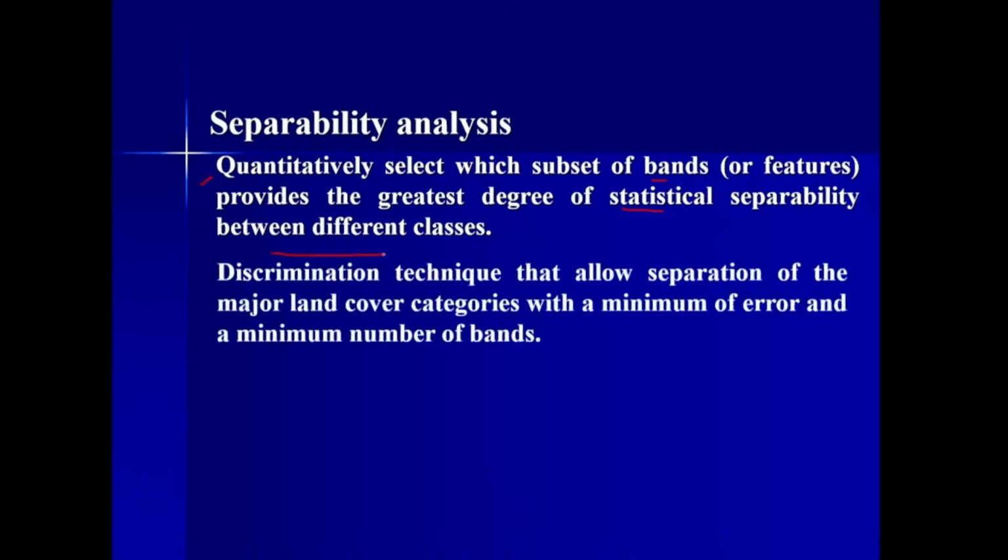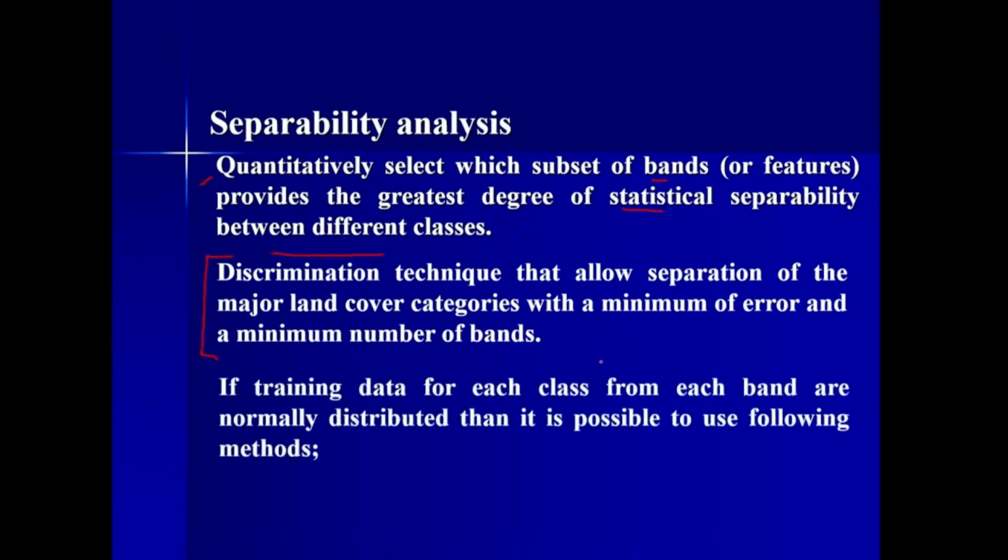Discrimination: here we have to use a discrimination technique that allows separation of major land cover categories with a minimum number of errors and a minimum number of bands. That means once we are able to find the subset of bands, then we can apply the discrimination technique to extract the classes with a minimum number of errors and a minimum number of bands used in the input image.